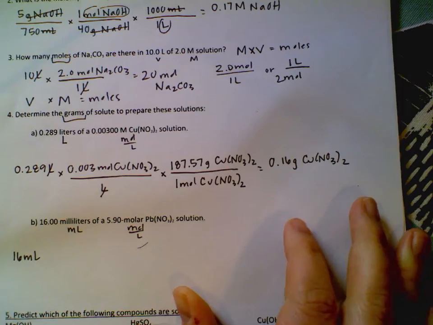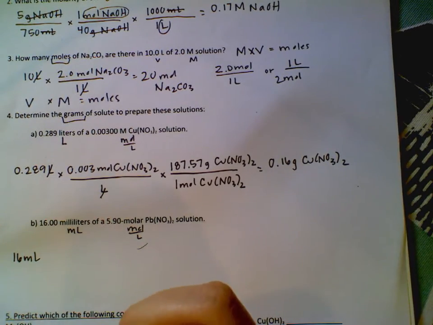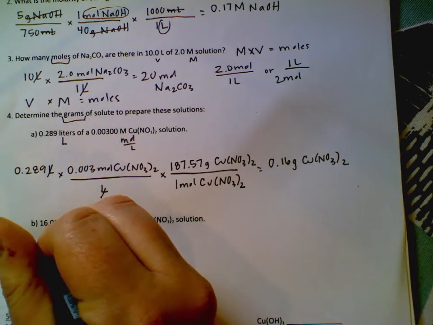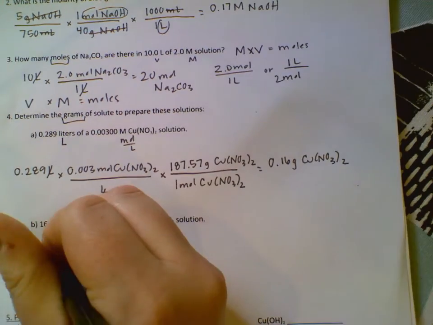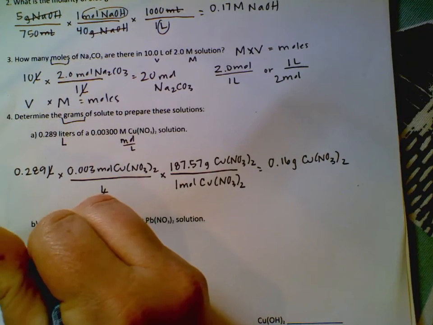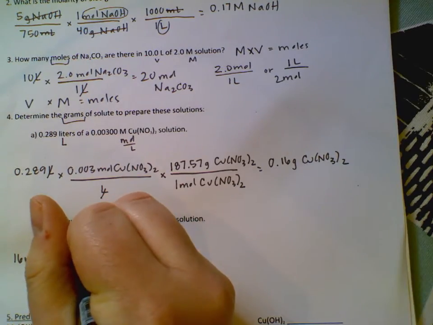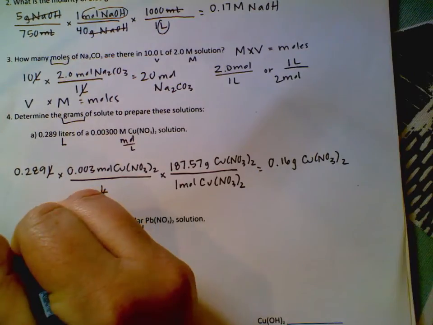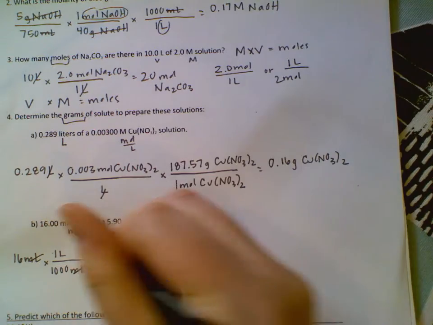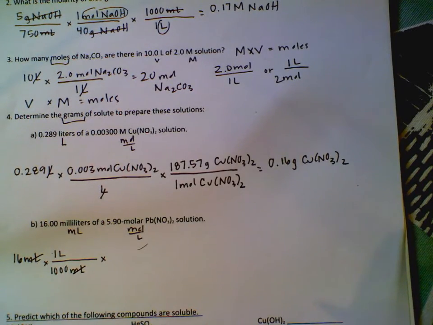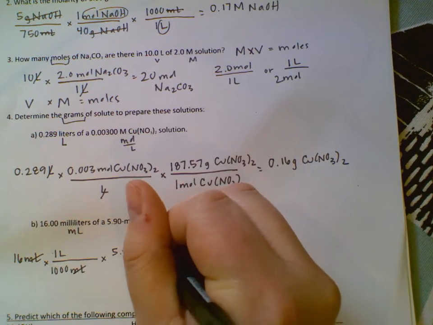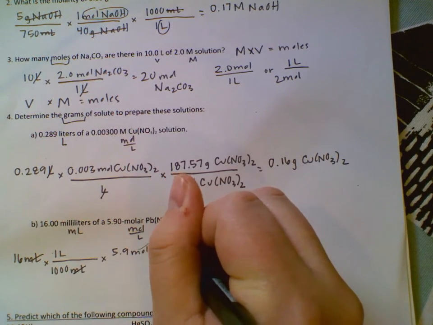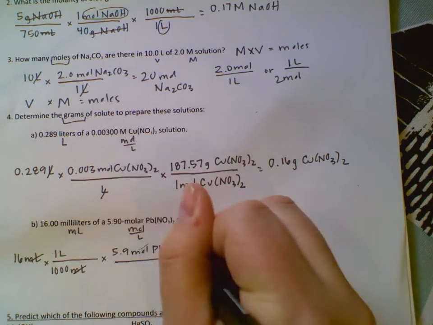So I've got 16 milliliters of my solution, and I need to convert that to liters. So for every 1 liter, there are 1,000 milliliters. Milliliters cancel out, and we keep trucking. My molarity is 5.9 moles of PbNO3 for every liter.